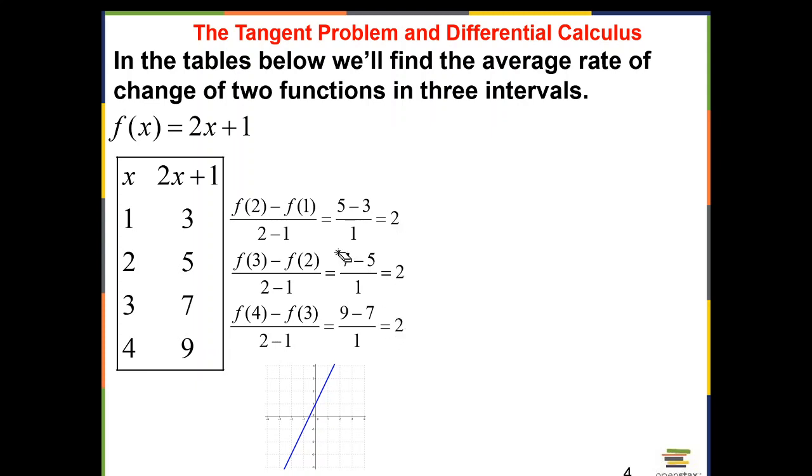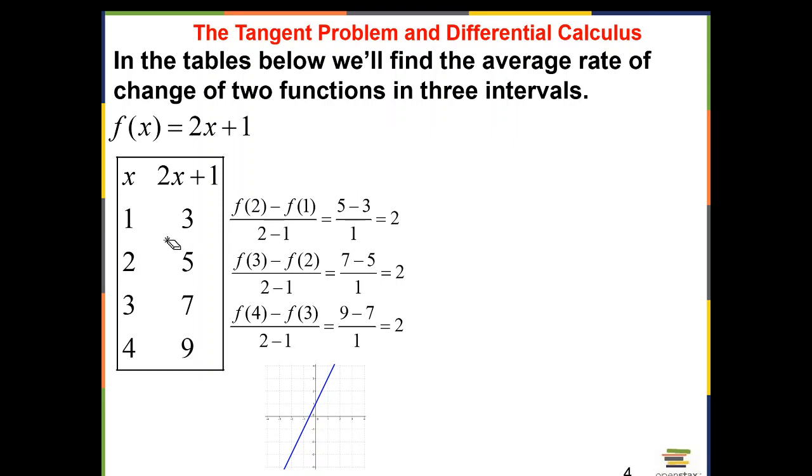So if I ask you, what is the rate at 2, that's a kind of weird question, because how can you talk about the rate at one point? And that's the idea that we're going to deal with in this chapter. And then we're going to learn how calculus actually resolved that problem.